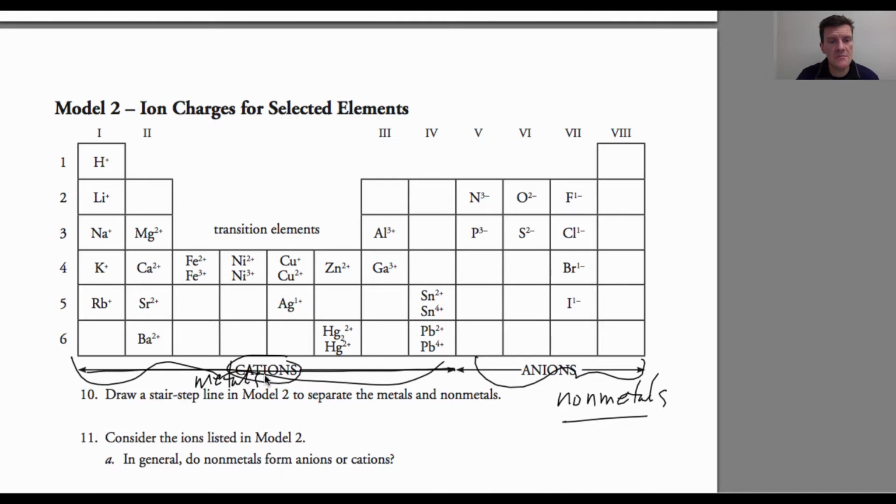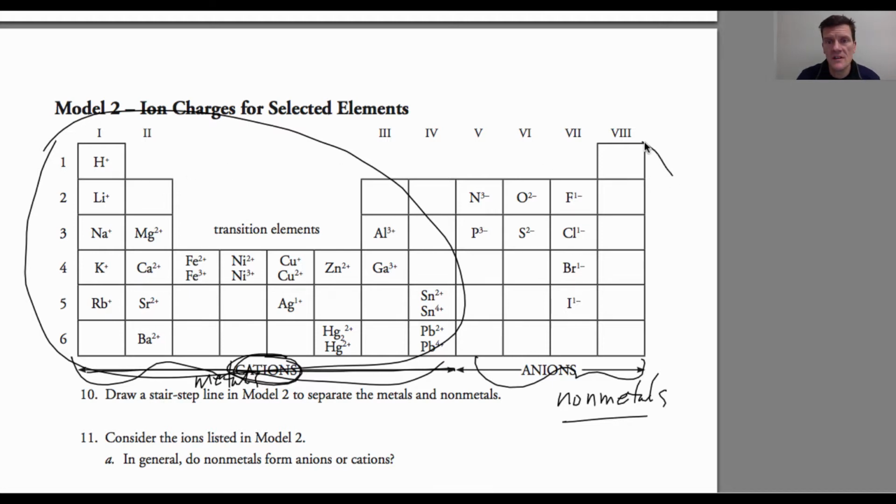You will notice that the metals form cations. They predominantly want to lose electrons. That's what they like to do, and we'll talk about why that is later on. But I'm just setting you up right now to let you know that metals over here on the left side of this periodic table like to form positively charged ions by losing electrons.